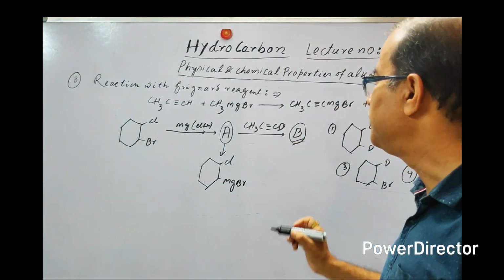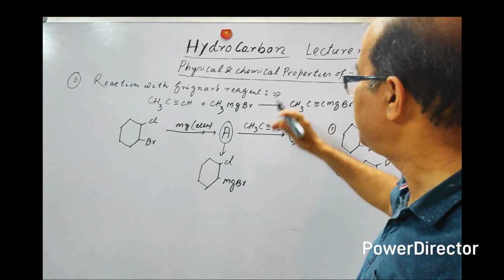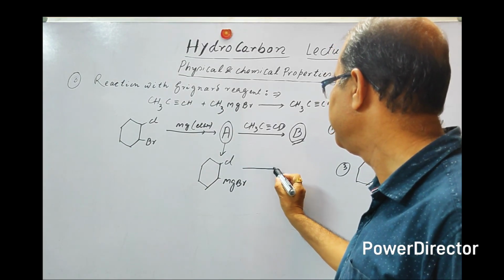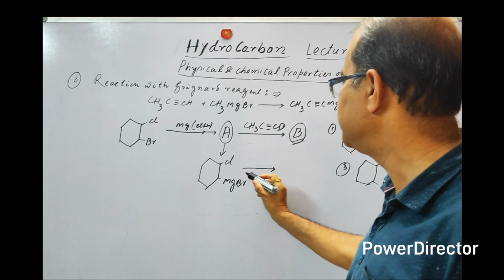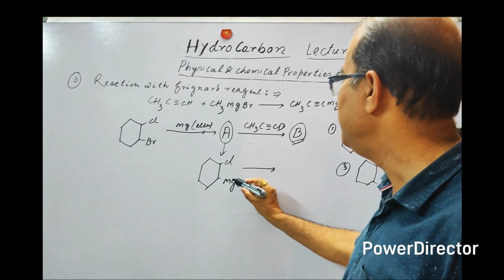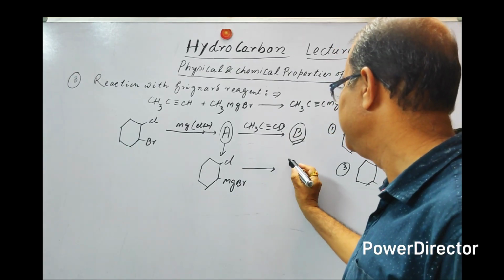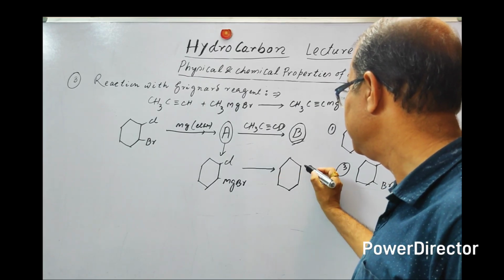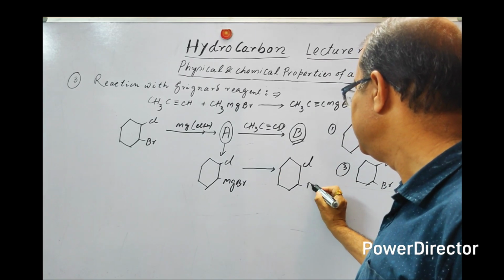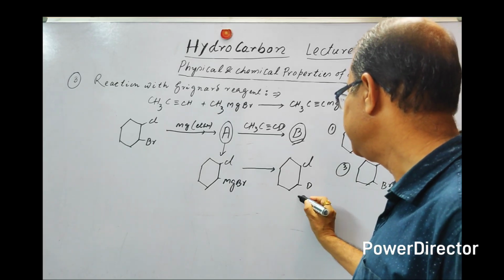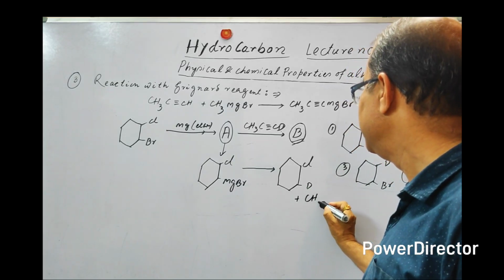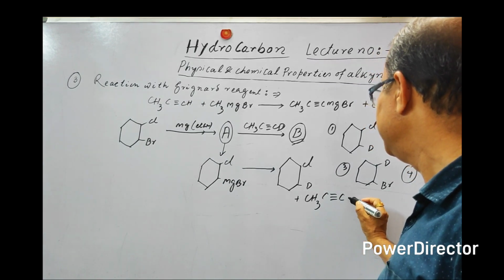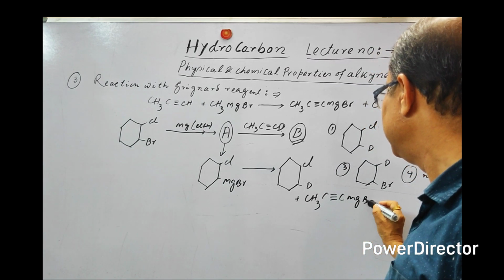Now you can see from this reaction and from this reaction what is going to happen. B will basically be this, with MgBr replaced by this D. So this will be the ClT, and there is another product, that triple bond CMgBr.